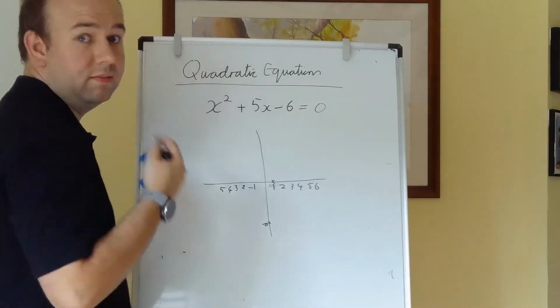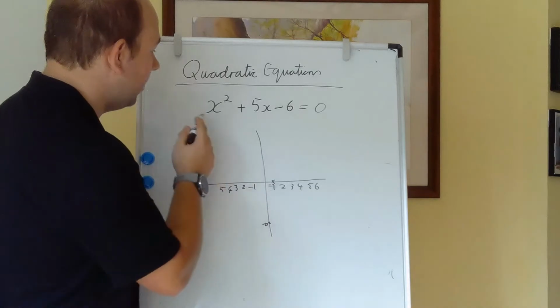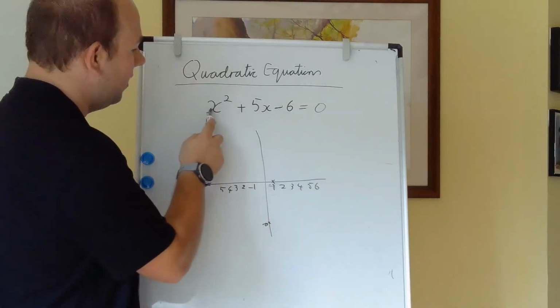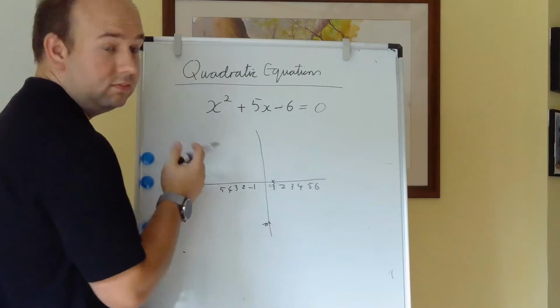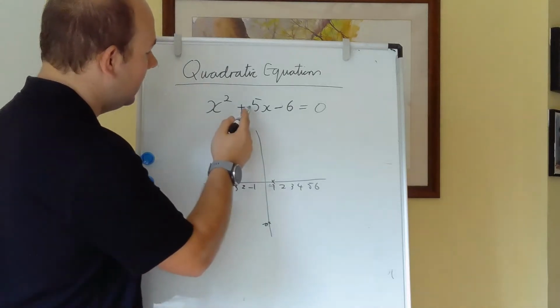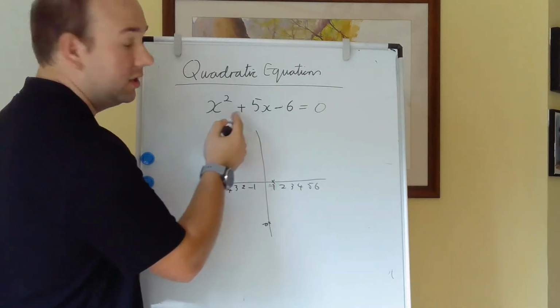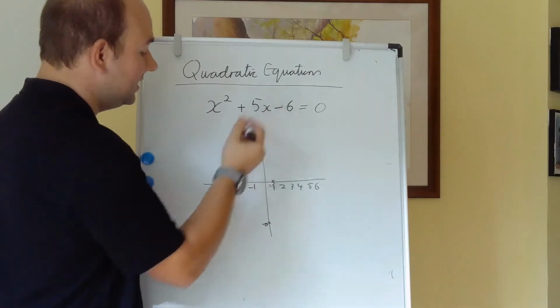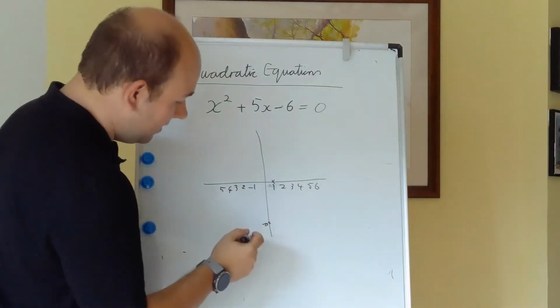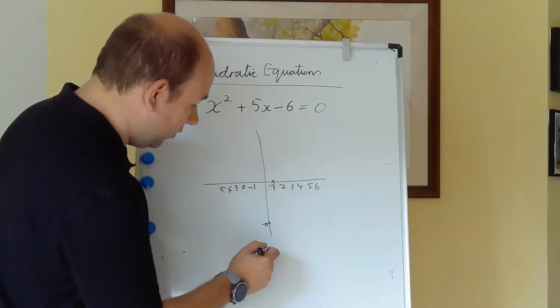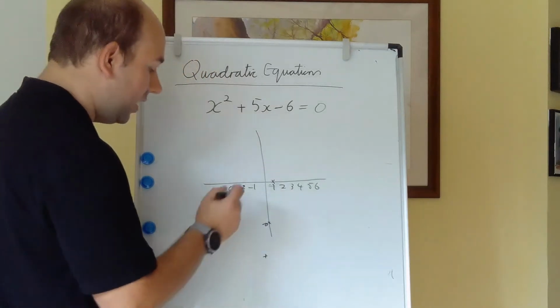We found one of them just by guessing. We can also try putting minus 1 in. So we're going to have minus 1 times minus 1, which is 1, minus 5, which goes to minus 4, minus 6 is minus 10, which is going to be all the way down here somewhere.